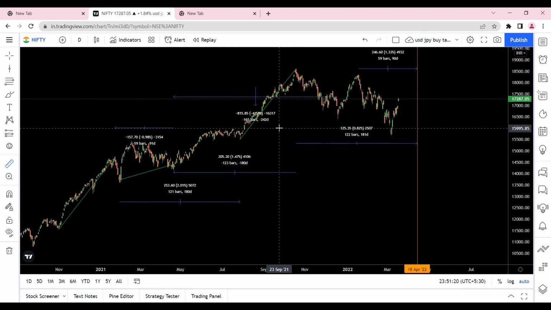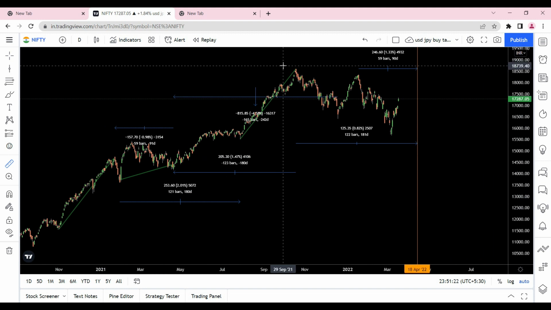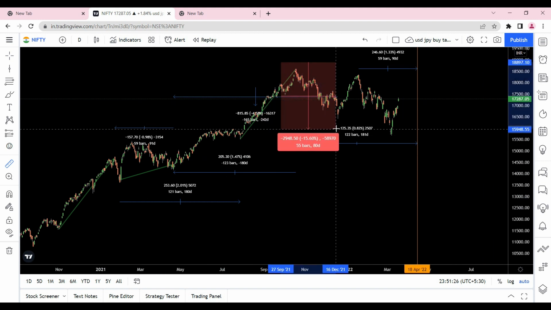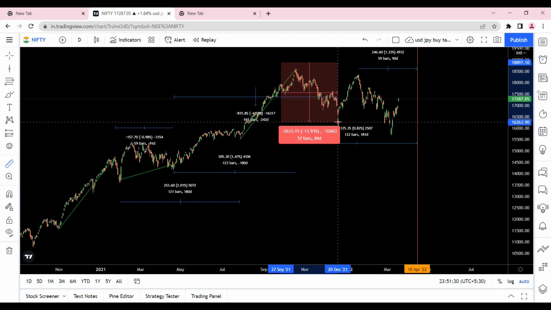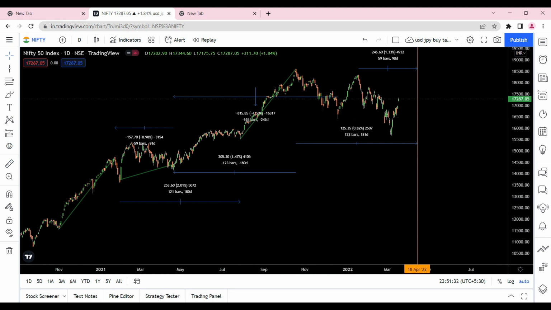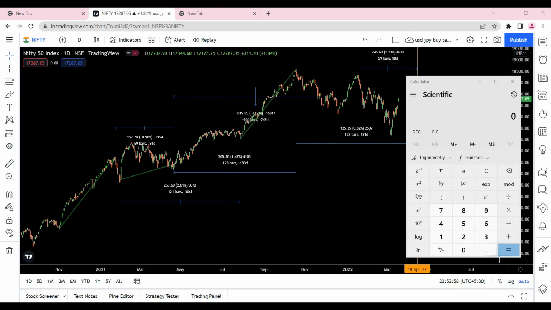From this high here is 84 days. There is a lot of numerology in play. For example, 84 times 3 gives 252. So times 2 gives 504.